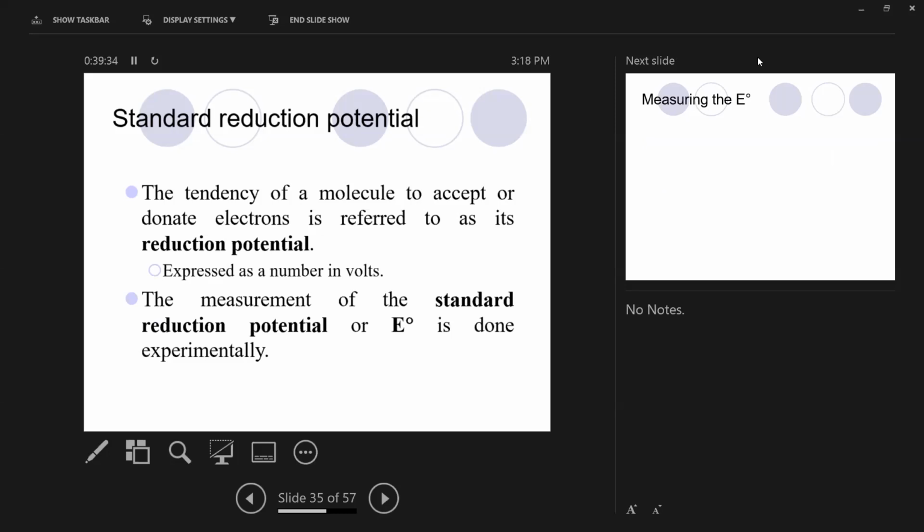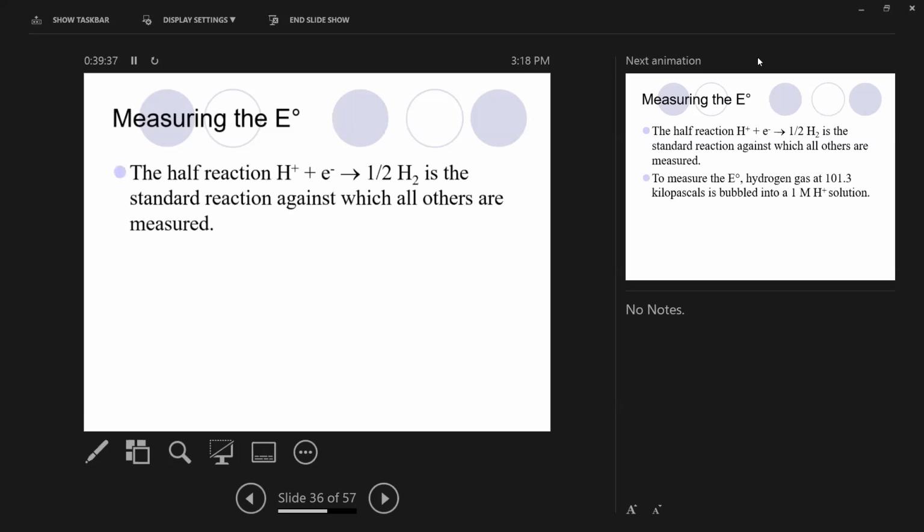You calculate that experimentally. Again, you're going to calculate it versus the hydrogen cell. So this half reaction, you're going to put that essentially at 0 and then measure everything else relative to that. Will it take electrons from this? If it does, it's positive. If it gives electrons, it's negative.